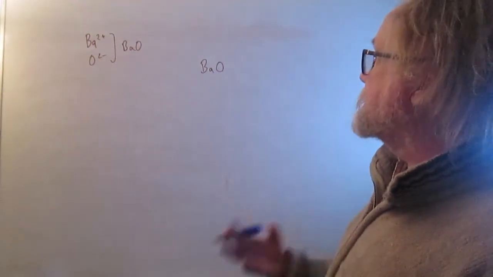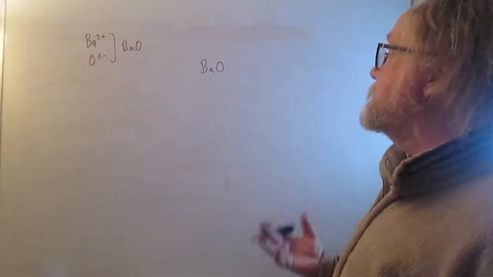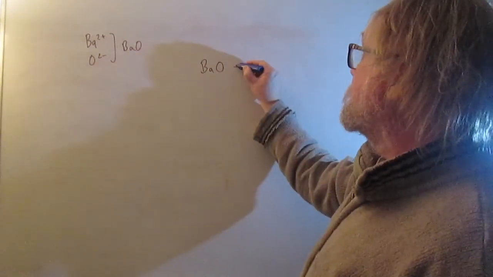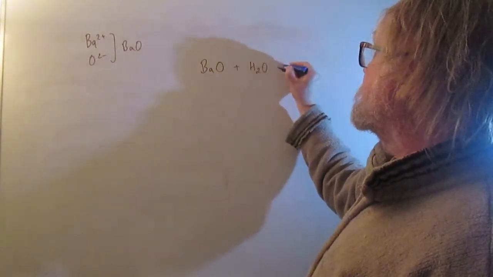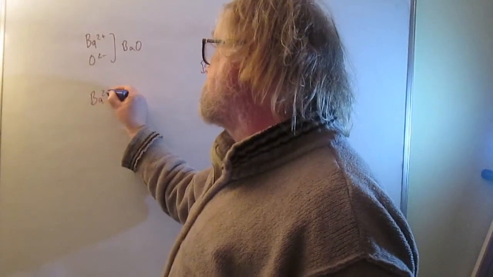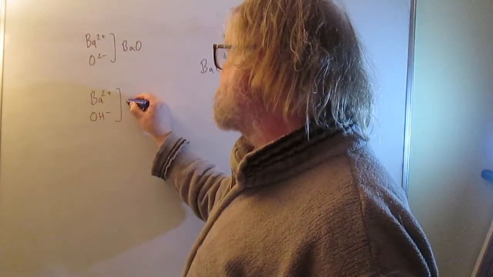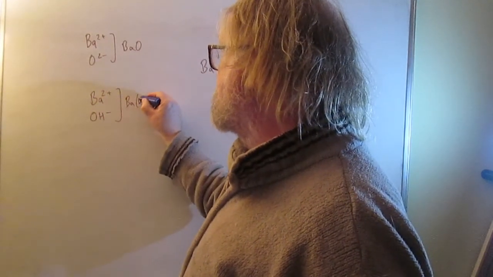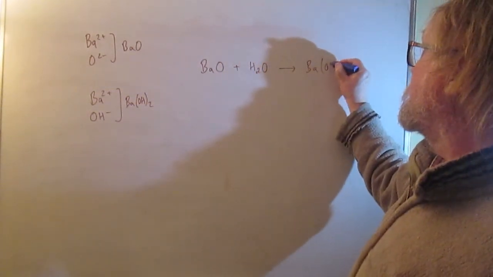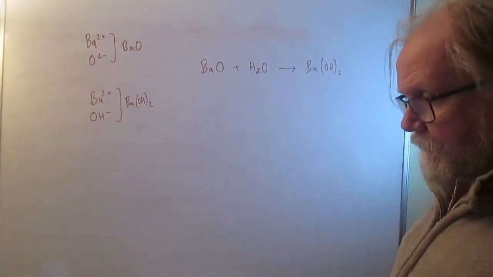So if an oxide dissolves, it does so by reacting with the water to form a hydroxide, and you just need to know that that's the case. So we've got barium oxide reacting with water to form barium hydroxide, and again just think about the charges on the ions. Barium is 2+, hydroxide you know is 1-. So it's not just BaOH, it's Ba(OH)2. And so that's your equation. Doesn't ask for state symbols, so don't put any in.